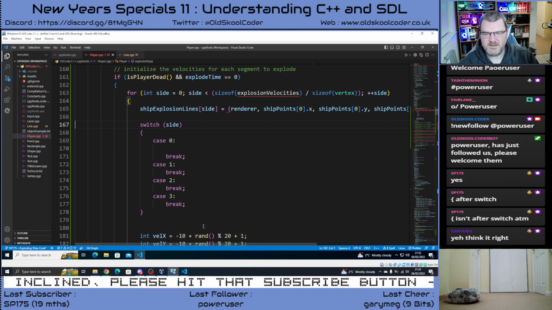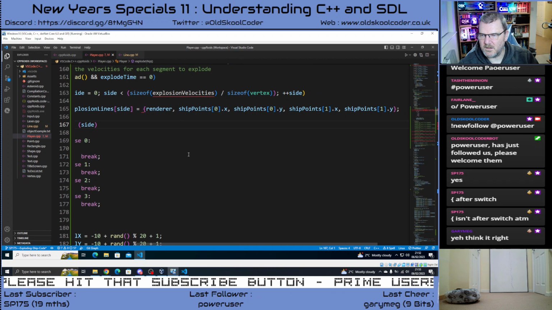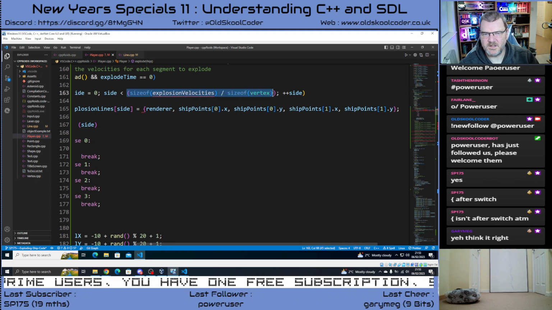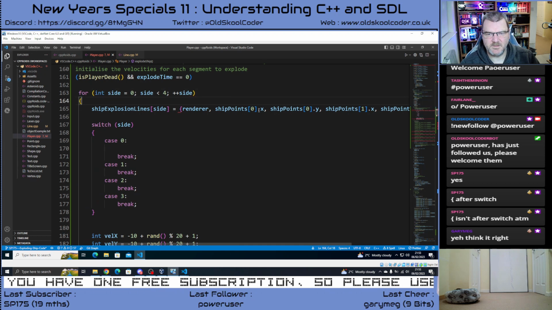Because we're going to be creating the line. But we're going to be creating it based on the side is less than 4. So that side is less than 4, isn't it? Because we've only got 4 sides.